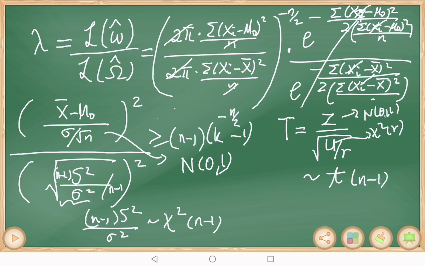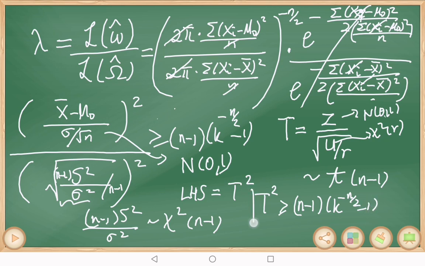So therefore the left hand side is actually equal to the square of the t statistic, and therefore the rejection region is specified by t squared greater than or equals to n minus 1, k minus n over 2 minus 1, right? All right, so we get this rejection region.